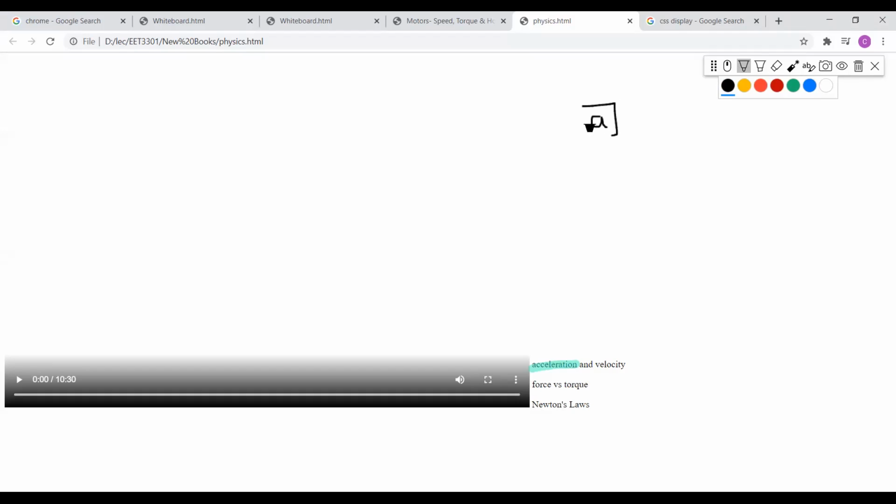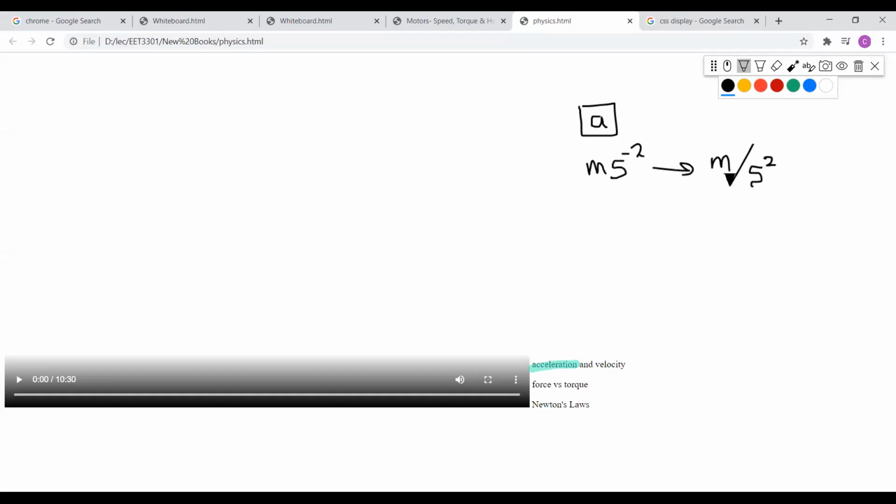Letter A. And the units would be meters per second squared, m s to the power minus 2, right? I'm talking about the linear acceleration here.